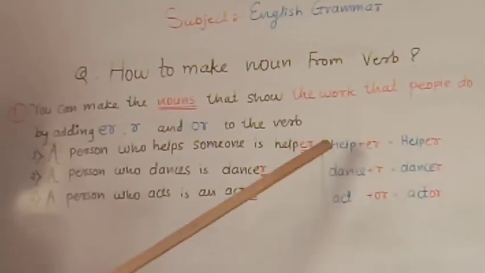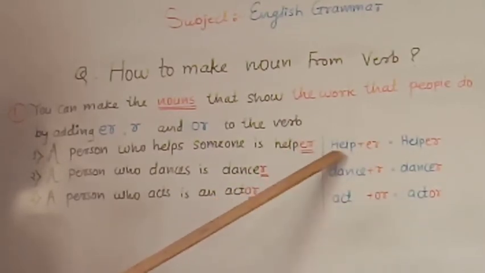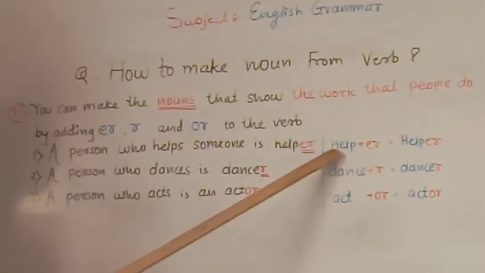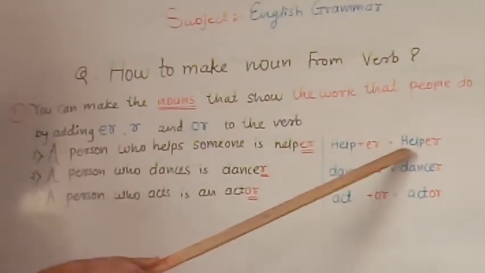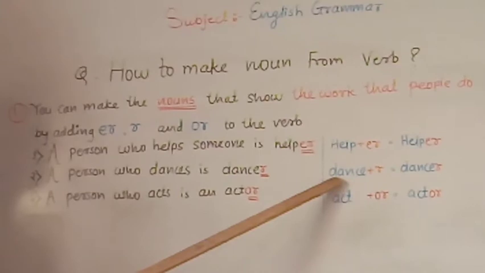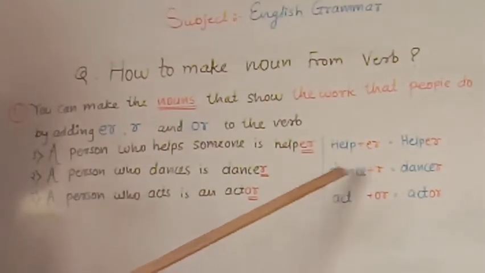One more time, help is an action word, means verb. When we add er to the verb, it becomes helper, that means noun. Helper is a noun. Dance is a verb, an action word.